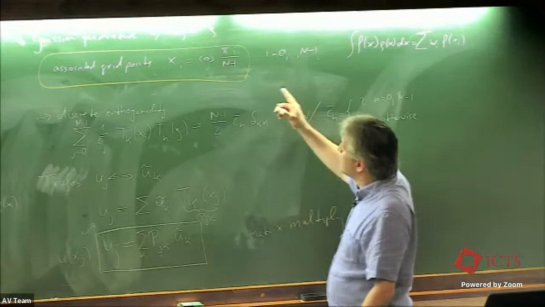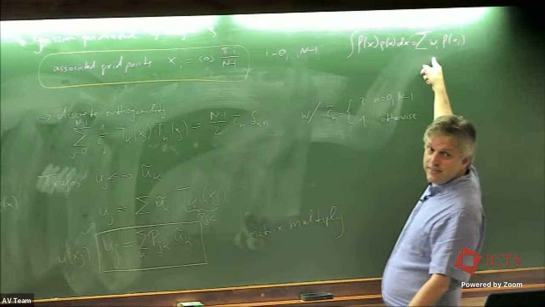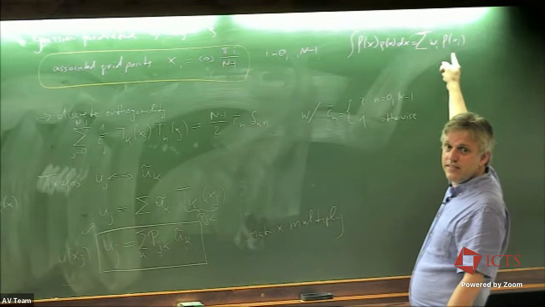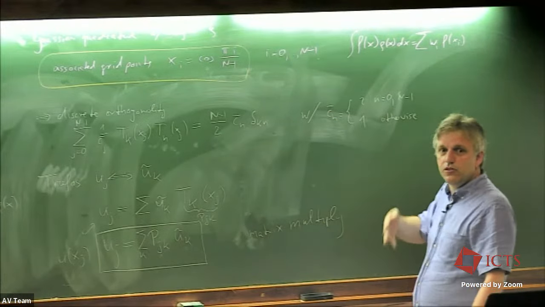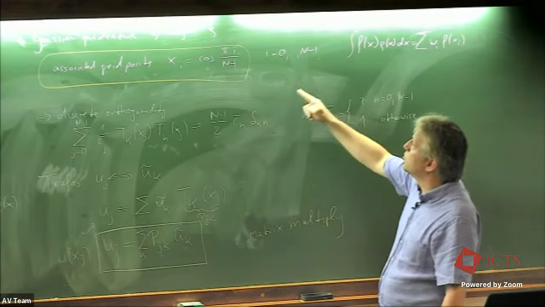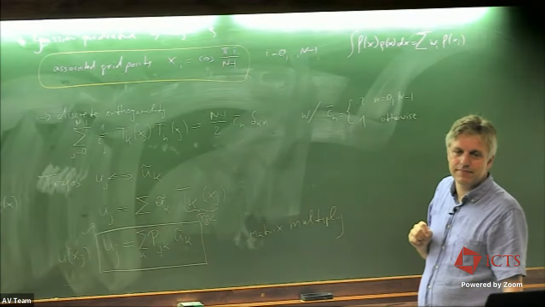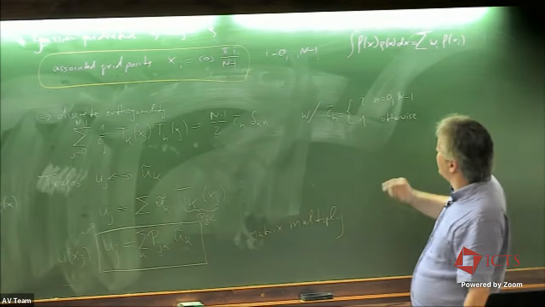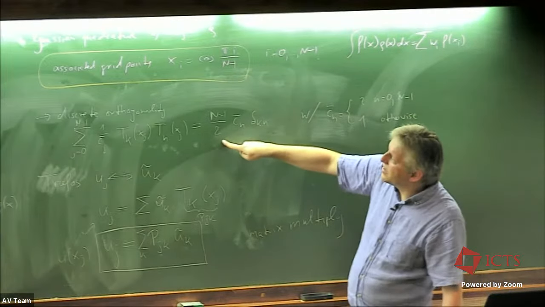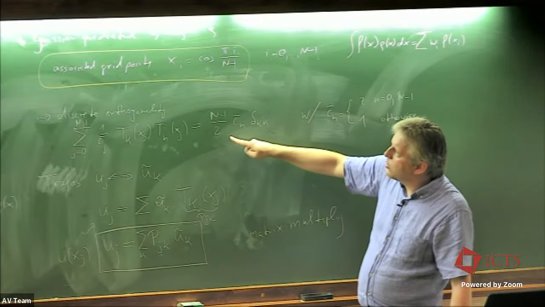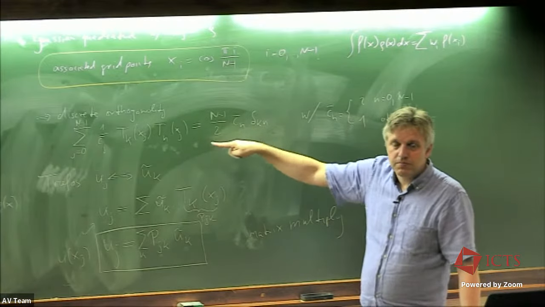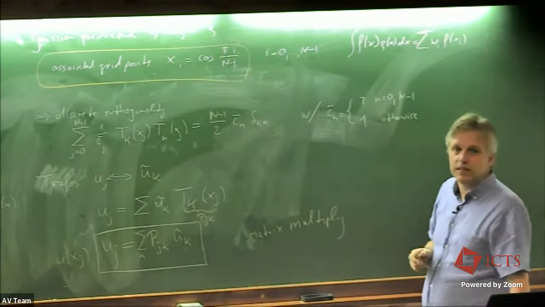So the rho is ending up somehow in the weights, or rather the weights and the x_i are chosen to already incorporate the role of the rho. And in this discrete orthogonality, the weights have somehow made it in as well, even if they're not spelled out explicitly anymore.